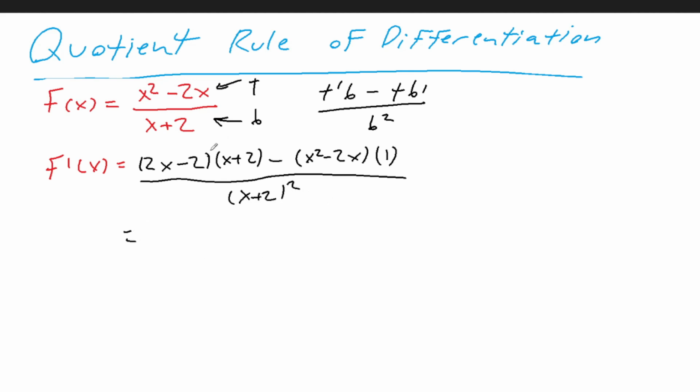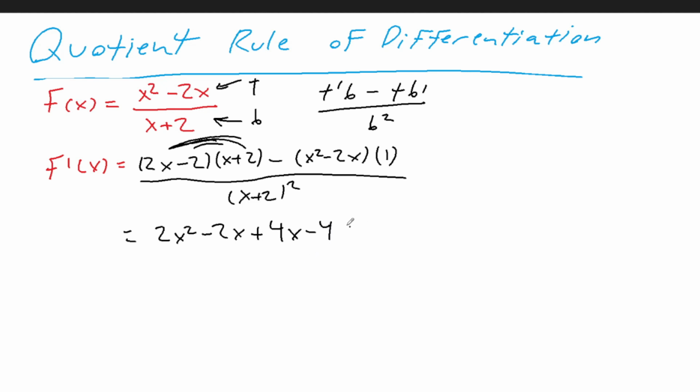And now we can start distributing and canceling terms. So if we FOIL this, we will get 2x squared minus 2x plus 4x minus 4.